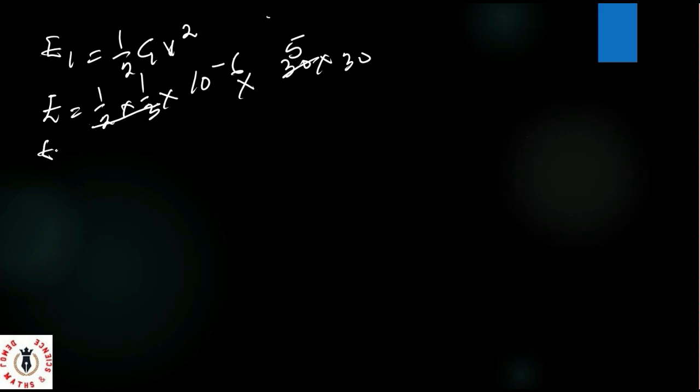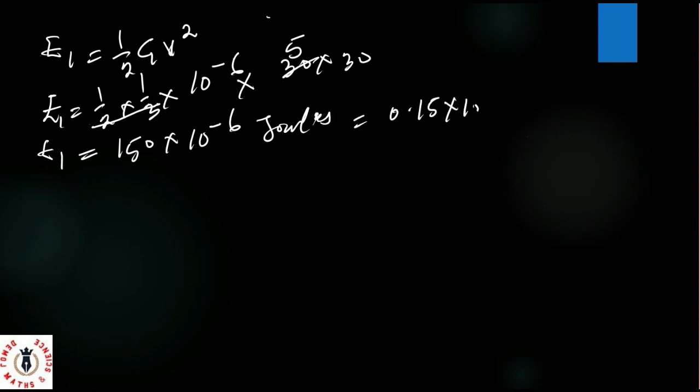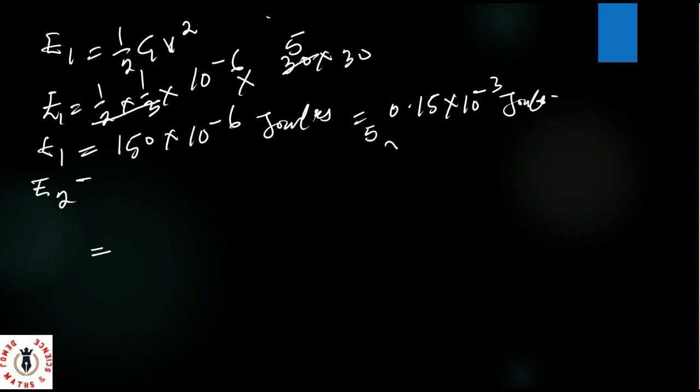So that my E1 will be the same thing as 5 times 30, that's 150 times 10 raised to the power minus 6 joules. Now I can simplify that to be the same thing as 0.15 times 10 raised to the power minus 3 joules.